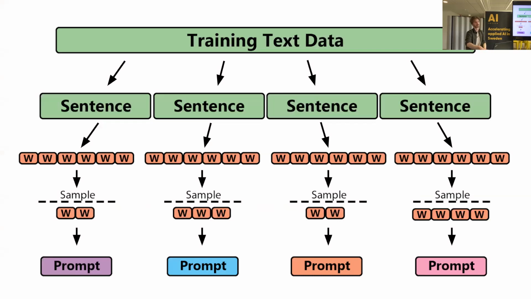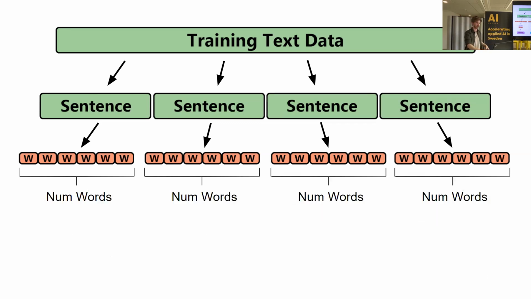Now, before we run out of time here, let's just skim over some additional experiments. So when you have this self-supervised data loop, we will create the prompts from the text data. We realize not only can we sample words, we also have this information of sentence length. So maybe we can actually train the prompt model to also generate instructions for sentence length.